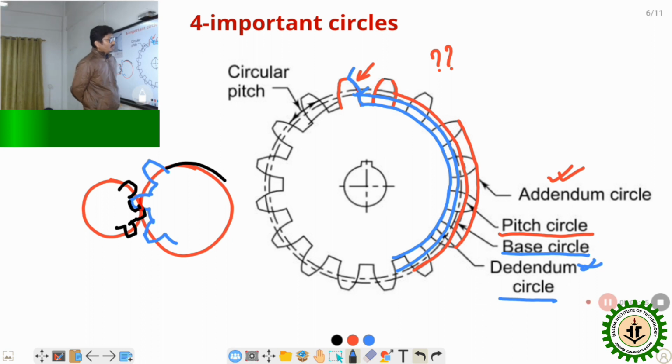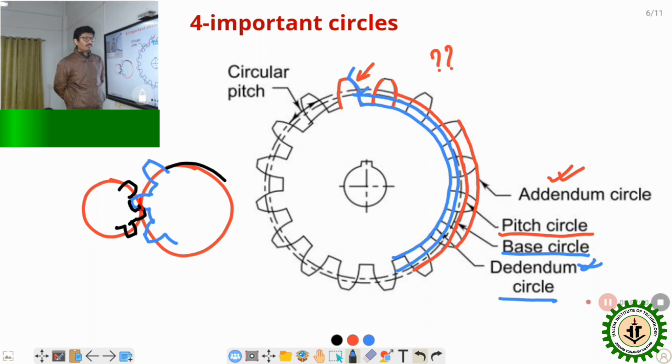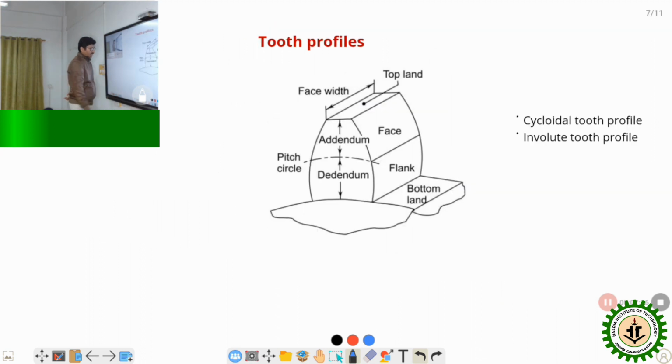The third one is the base circle. The significance of the base circle is that the tooth profile runs from the top of the tooth down to the base circle. And the fourth one is the dedendum circle that indicates the bottom of the tooth, that means the root of the tooth. So these four circles are pretty much needed. Now, tooth profiles.